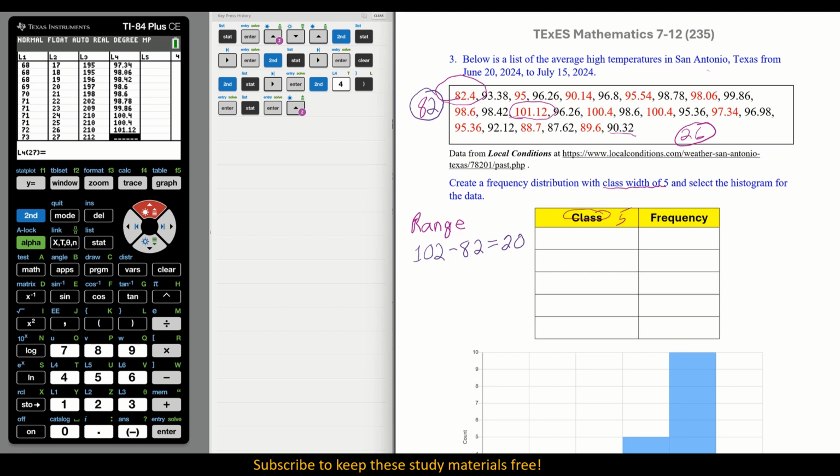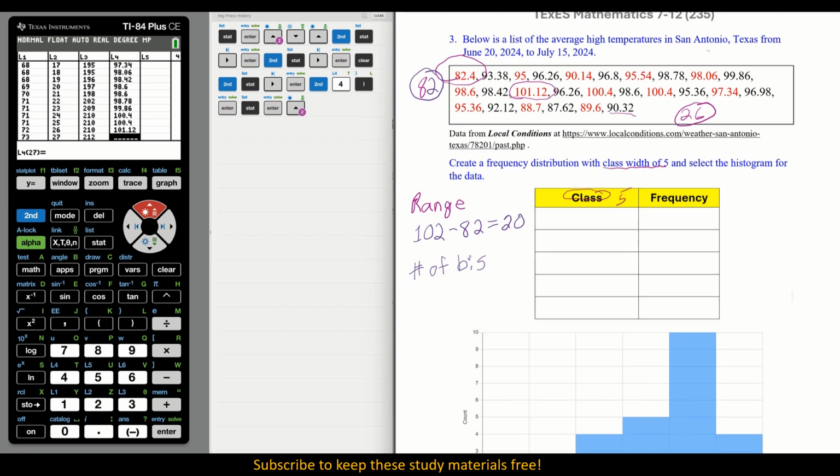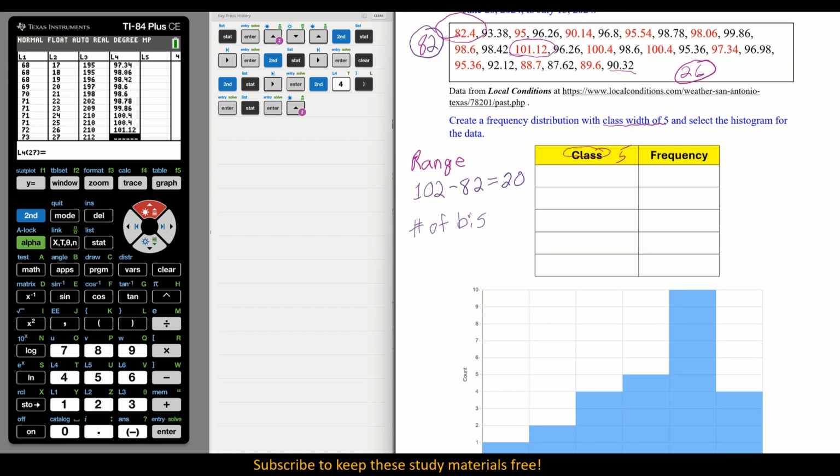So if we take that 20 and we divide it by 4, okay? Now we need to know how many bins, how many intervals. So number of bins, that's the column. See here in the blue below? That's what we need. Oh, if I could spell. All right, here we go.